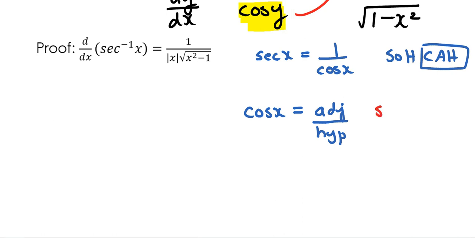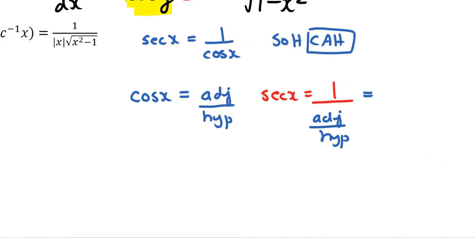So secant x is basically the reciprocal of cos x. The reciprocal is 1 over cos x, and if I replace cos x with your adjacent over your hypotenuse, and do a little bit of math, this is the same thing as your hypotenuse over your adjacent.